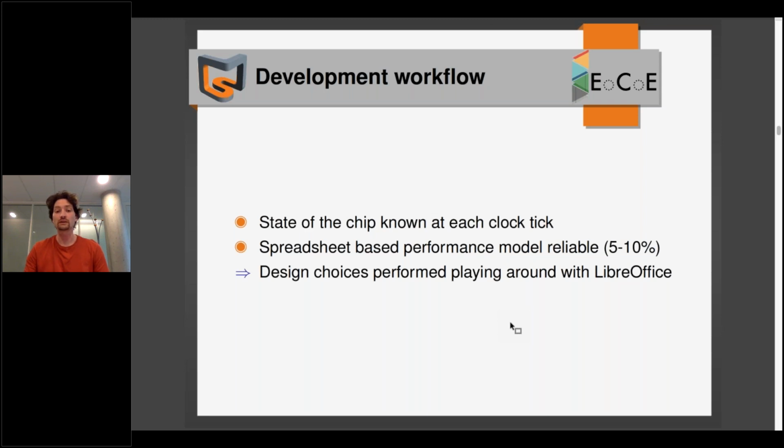And as it is very simple, just a spreadsheet is enough to infer and have a model of the performance of your algorithm. All the design is done by just playing around with a spreadsheet, putting in numbers to make design choices, and then you start the implementation.